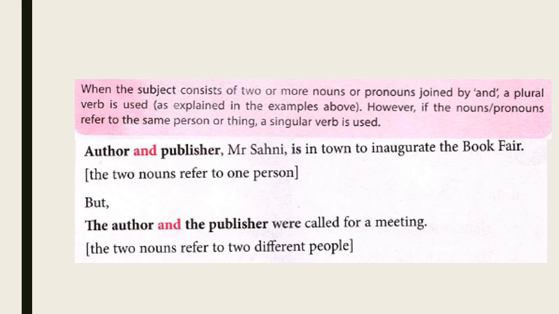But if the author and publisher are two different persons, then we use a plural verb. That's why in the second sentence we find the author and publisher were called for a meeting, while in the first sentence author and publisher is referring to one single person. That is why singular verb is used, right?